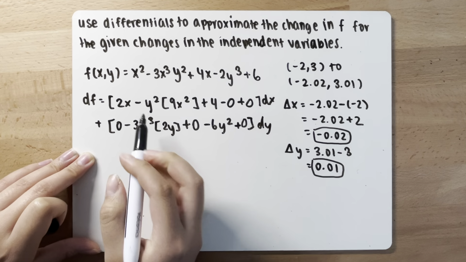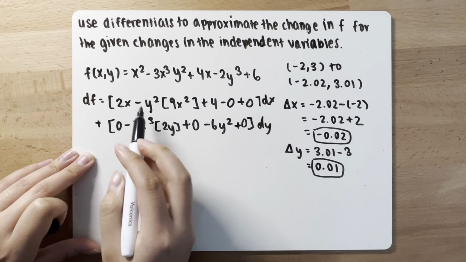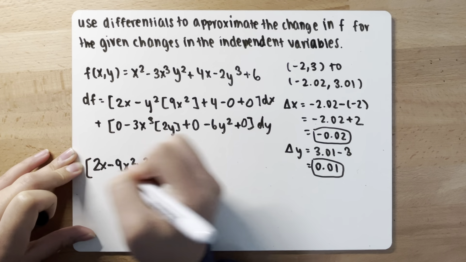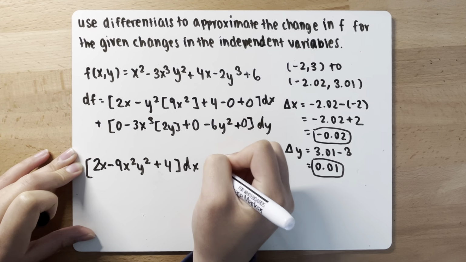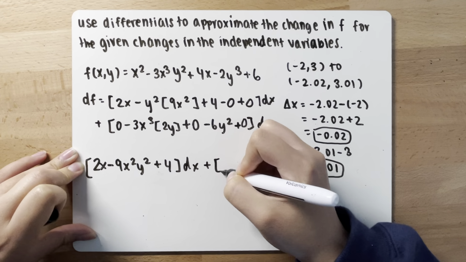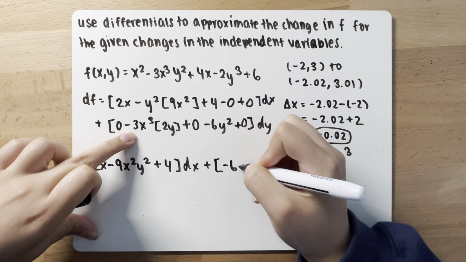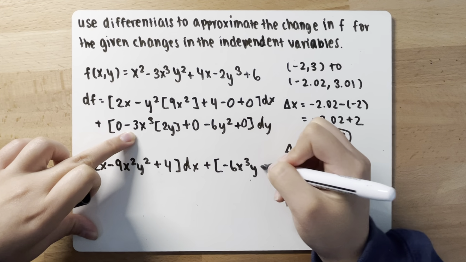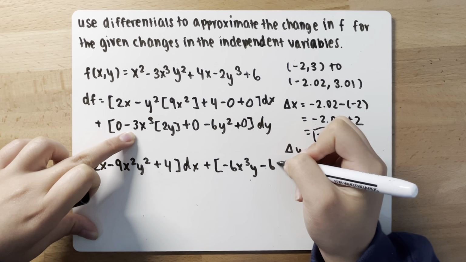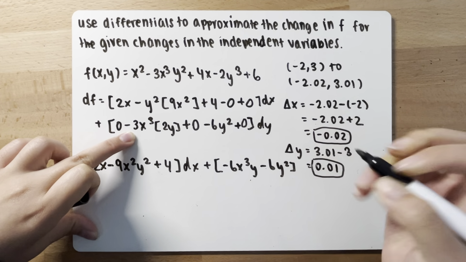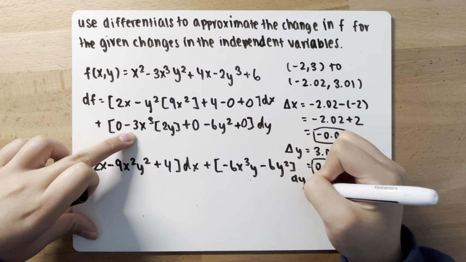Now you are going to simplify these two. So you have 2x minus 9x squared y squared plus 4. This is your dx. Plus -6x cubed y minus 6y squared. This is your dy. Okay?